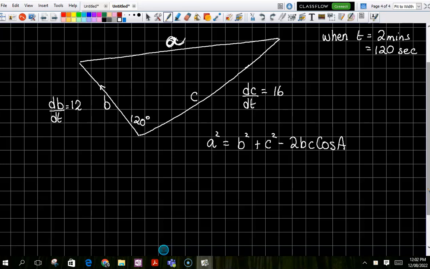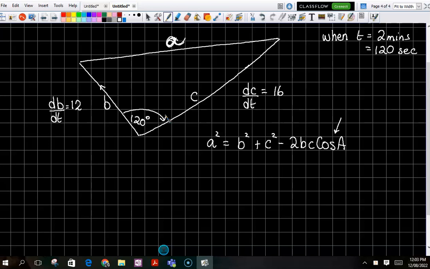Okay, so we've got, shall we differentiate? Before we differentiate this, cos A, one of the things that we do know is, what did they say about this angle? It's constant, right? It's not going to change. The cyclists just keep going further and further out, but it's still always going to be 120.